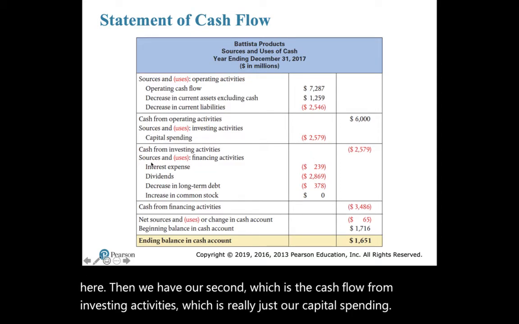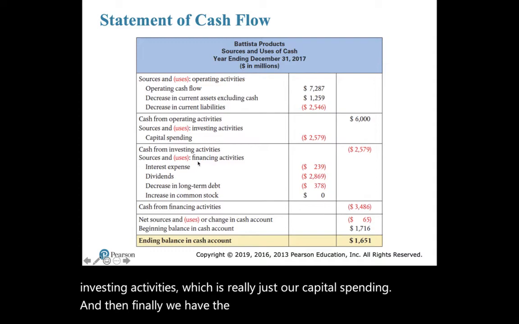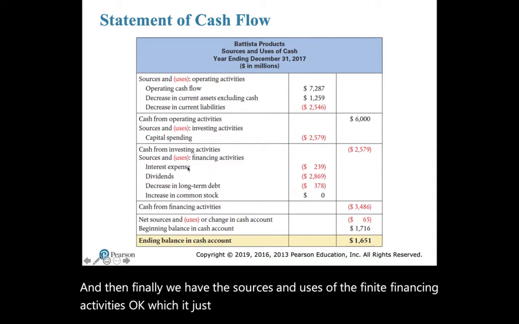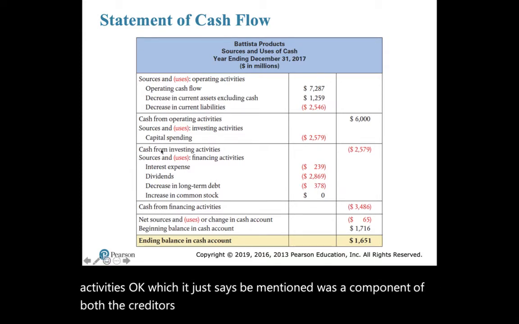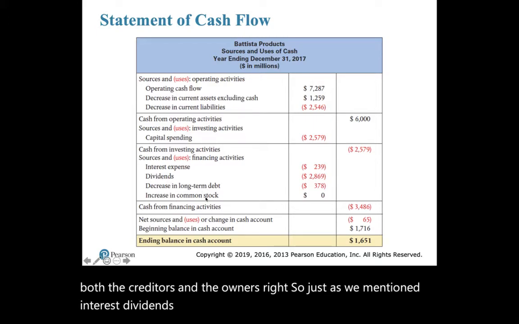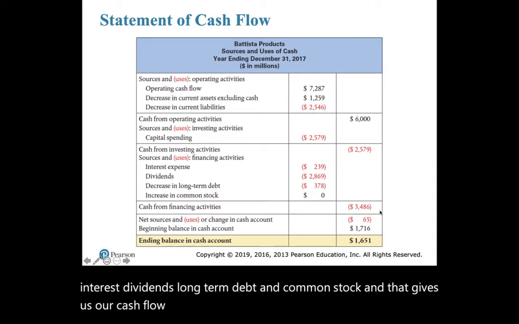And then finally, we have the sources and uses of the financing activities, okay, which just as we mentioned was a component of both the creditors and the owners, right? So just as we mentioned, interest, dividends, long-term debt, and common stock, okay, and that gives us our cash flow from financing activities. So most of these numbers we have sort of identified.